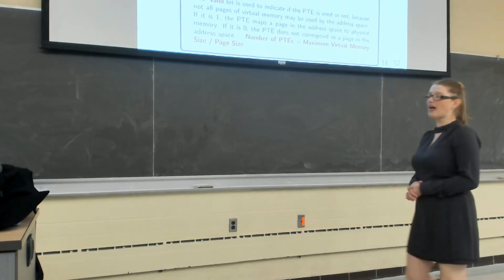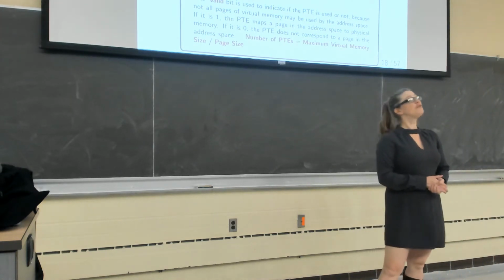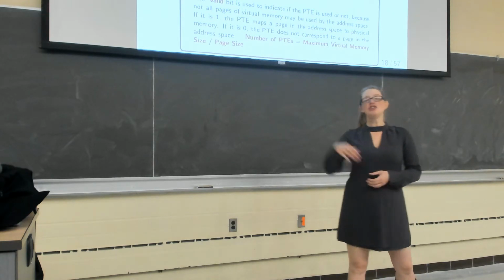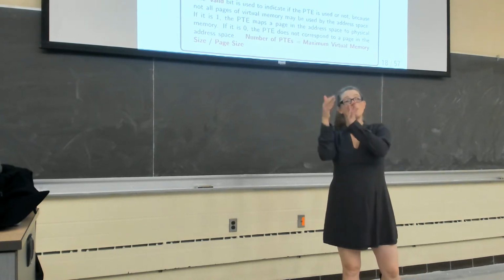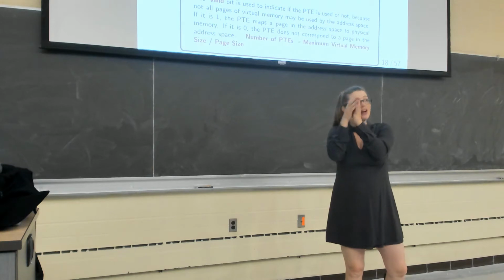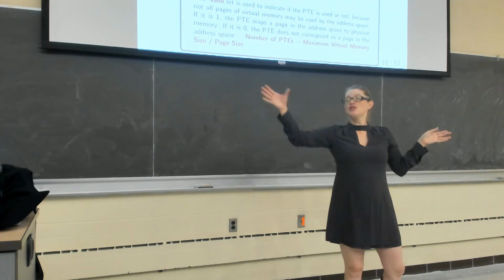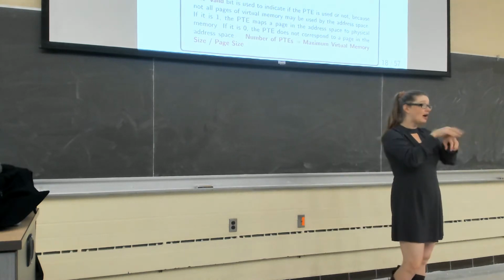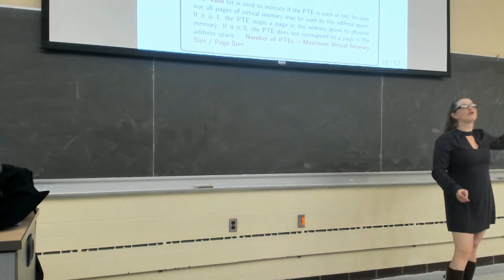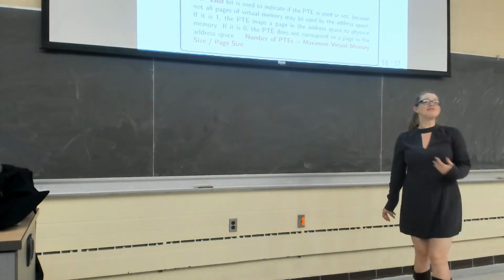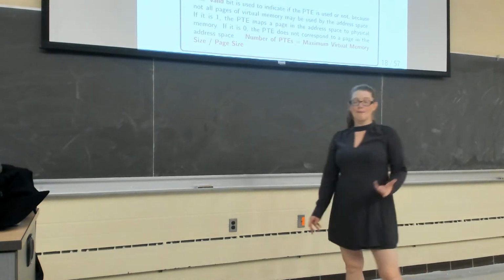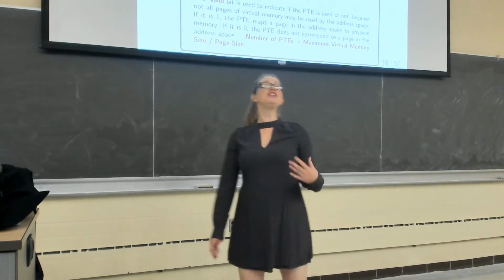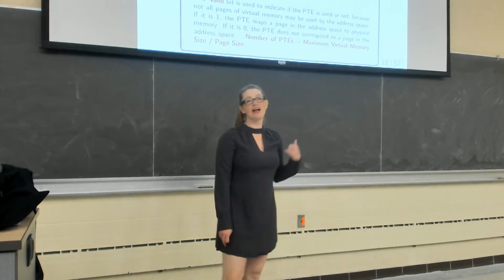The reason for that is because if you look at an address space layout, you don't have the code and the data and the heap and the stack all tight together. There's space between them. So you'd have some pages used here, some used over here, a bunch not used, and then some used over here. To account for that, we have to have an entry for every possible page. And then we're going to mark whether the page is in use with the valid bit.